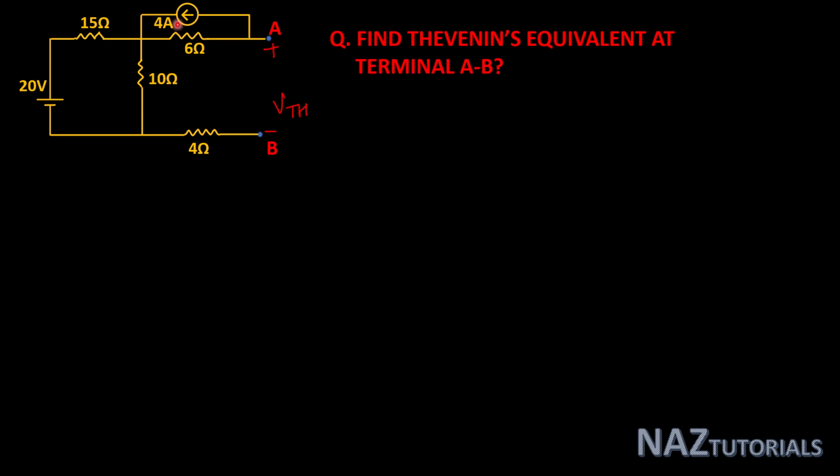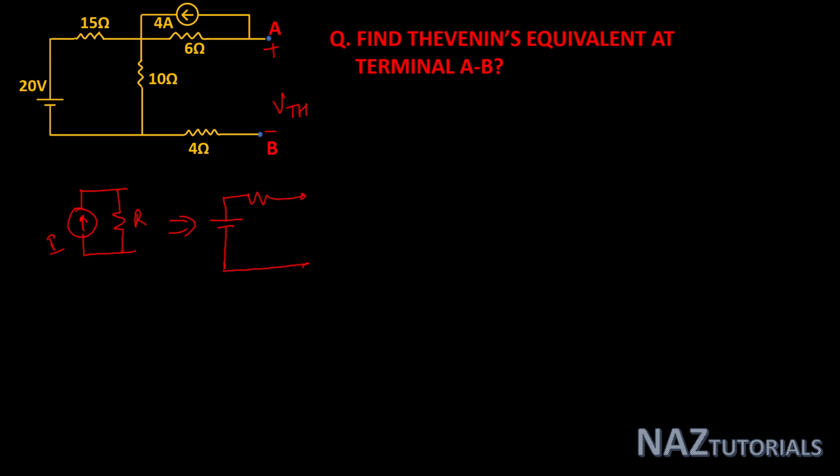In this network you can see a 4 ampere current source is connected in parallel with a 6 ohm resistance. So here you can transform this by source transformation or you can solve this network as it is. According to source transformation, a current source in parallel with resistance R can be transformed into a voltage source in series with resistance.